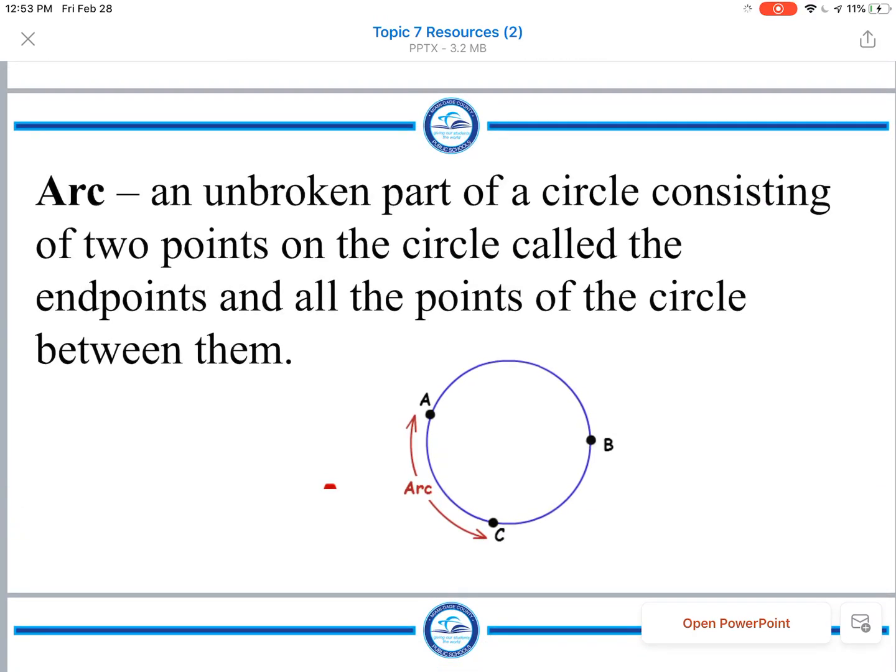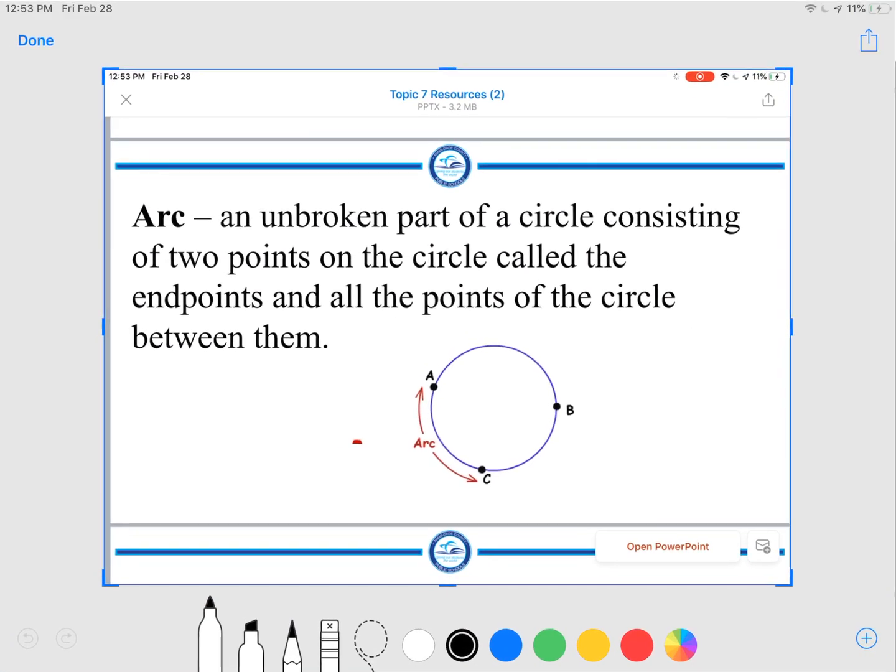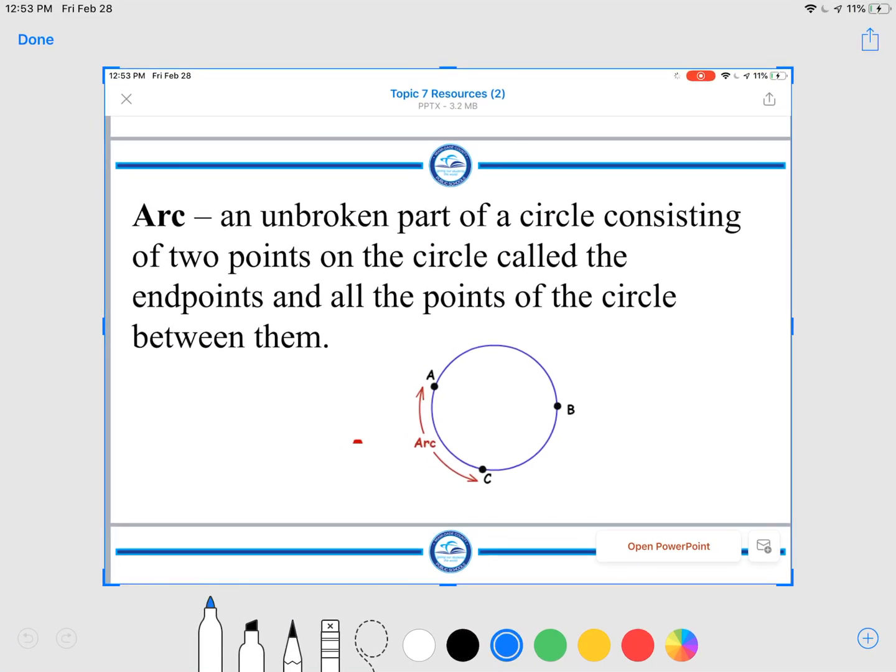Okay, going. An arc, an unbroken part of a circle consisting of 2 points on the circle called the endpoints, and all the points of the circle between them. Okay, so an arc is basically like a portion of the circle. Remember that a circle doesn't include the center. The center is not included in a circle. The circle technically is just all of the points along the outside.